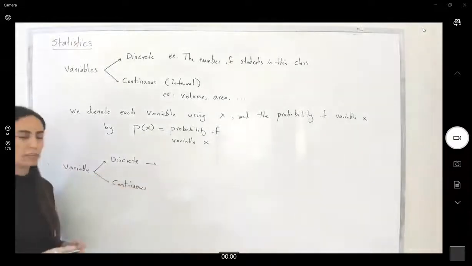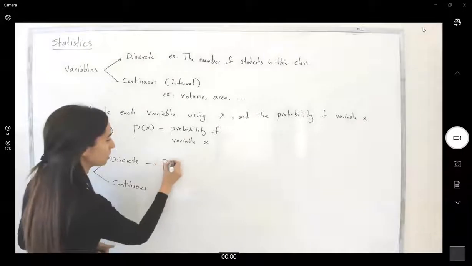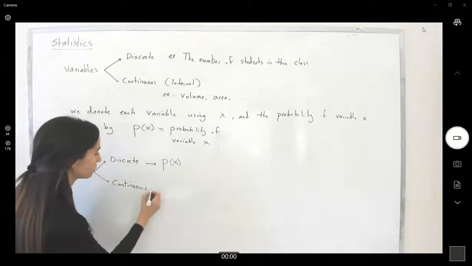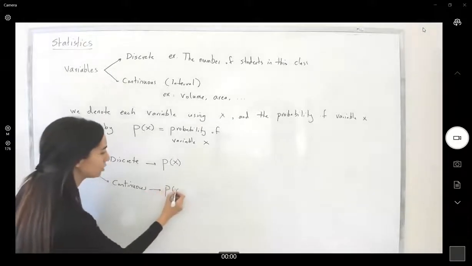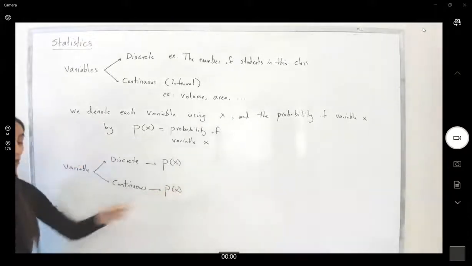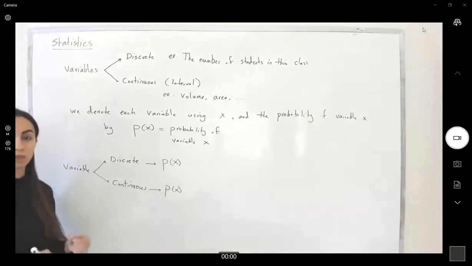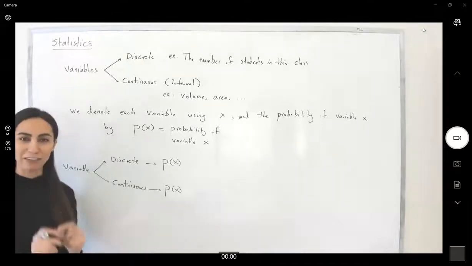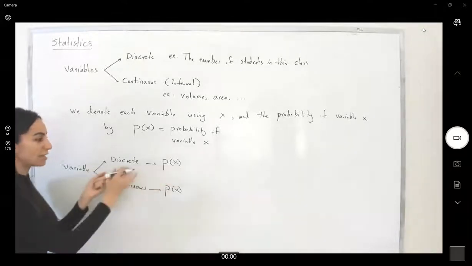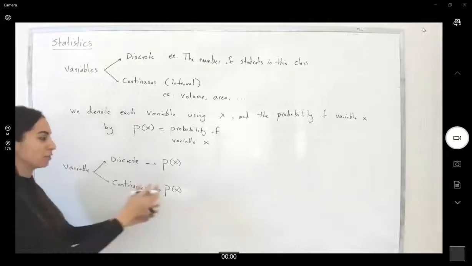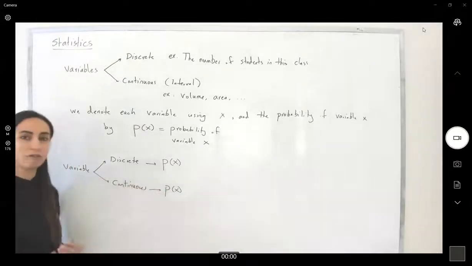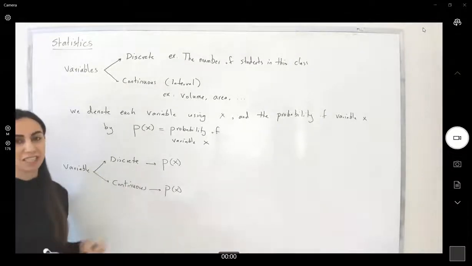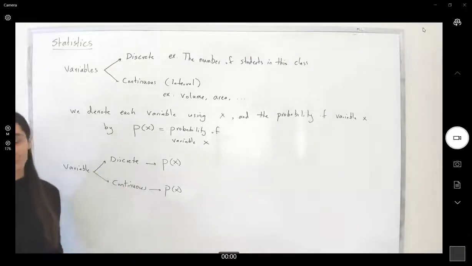For a discrete variable, the probability of variable x is denoted by p of x, and the probability of a continuous variable x is also denoted by p of x. So it's very important when you're talking about the probability of a variable like x, mention that x is discrete. When x is continuous, you have to mention that x is a continuous variable.